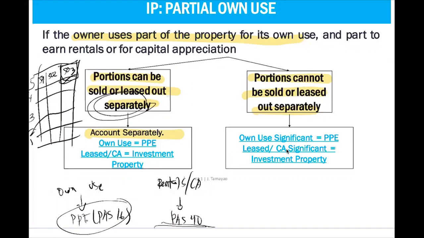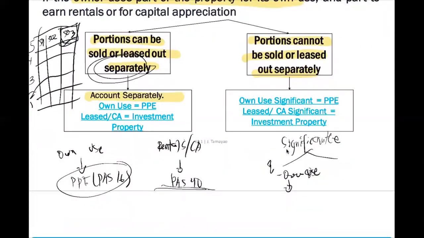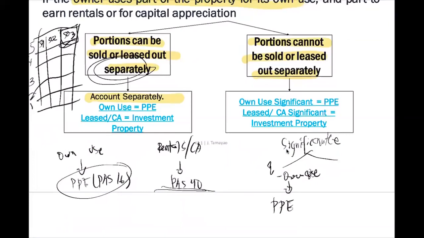Okay. What if you cannot list out separately? Test of significance. If the significant percentage is own use, then we place it as property, plant, and equipment. But if the significant percentage is for leasing out to others, or for rentals or capital appreciation, PAS 40.